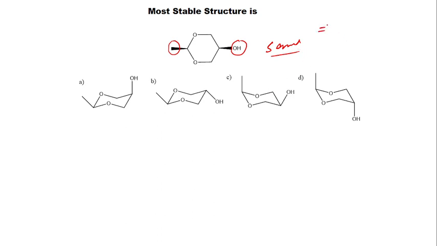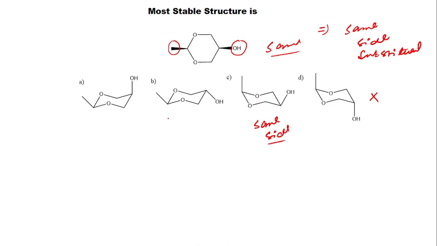Our goal is to find the same-side substituents. Look, these OH and these methyls are on different sides, in opposite directions, so these are not. Here it is on the same side, so we'll take it into consideration.